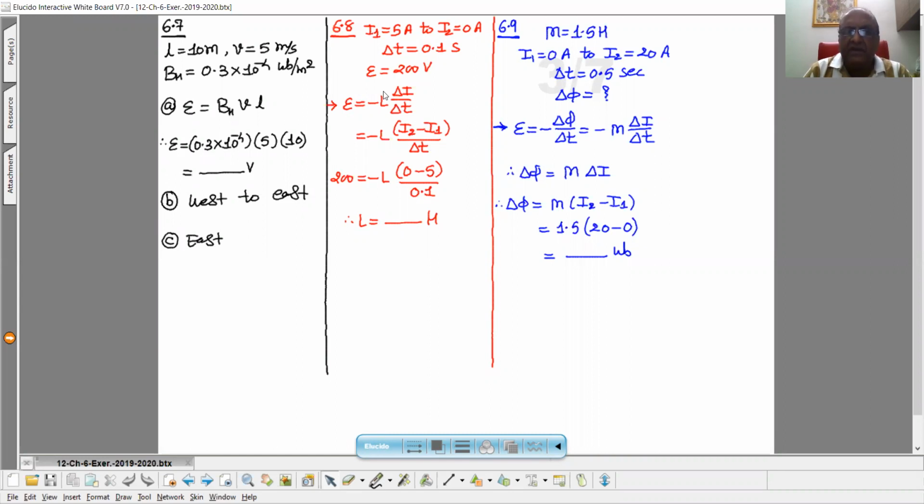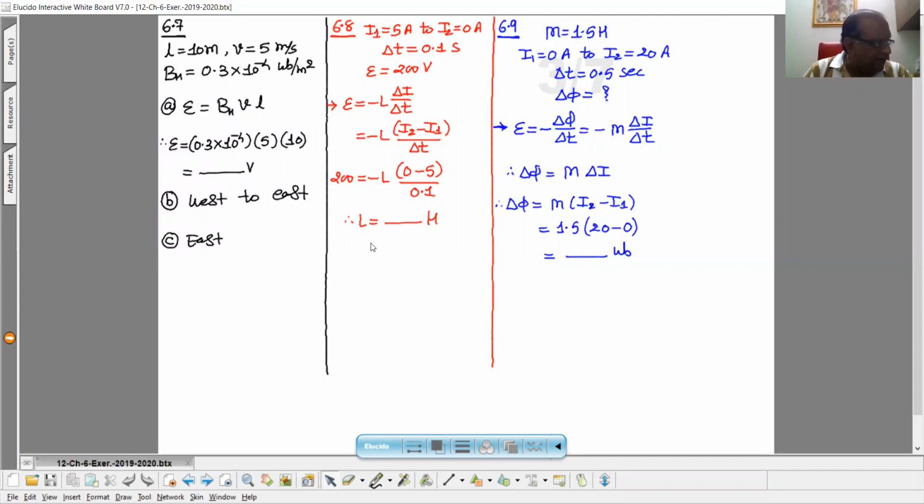EMF induced is 200 volt. So E equals minus L delta I by delta T, that is minus L times (I2 minus I1) upon delta T. Substitute the values: E is 200, I2 is 0, I1 is 5, delta T is 0.1. Calculate L. Very simple.